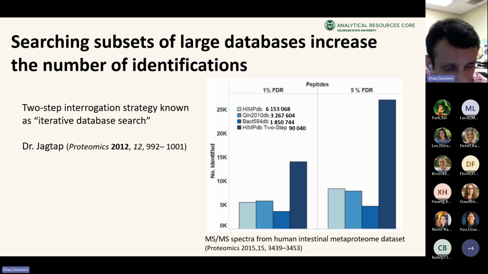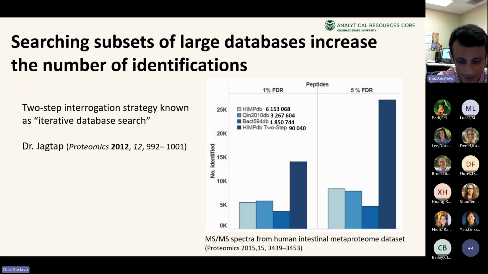two-step interrogation strategy. His group did an initial search using a whole pan-metaproteome, using reference genomes and metagenomic data, without any FDR filtering, no false discovery rate filtering. Using all the hits that they got from the first search, they built a second data set that was smaller.